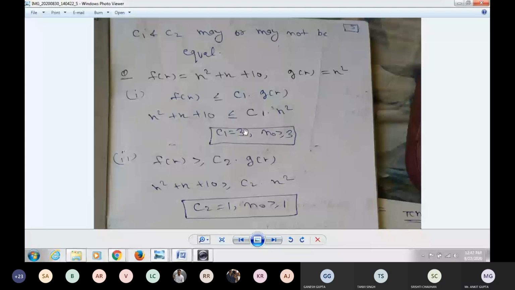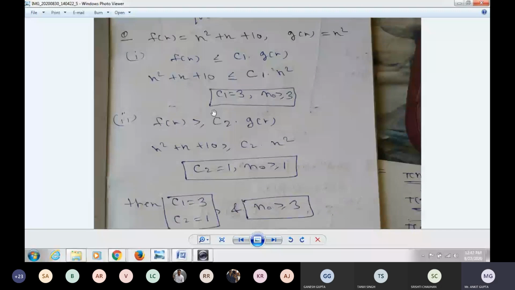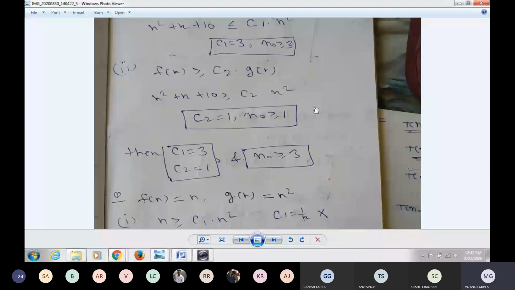And the second case is f of n greater than or equal to C2 into g of n. It is big omega. So n square plus n plus 10 is greater than or equal to C2 into n square. What is the minimum value of C2 and of n naught? C2 is 1, n naught is 1. If I combine them, C1 is 3, C2 is 1.